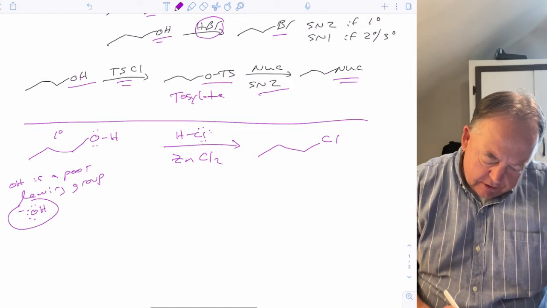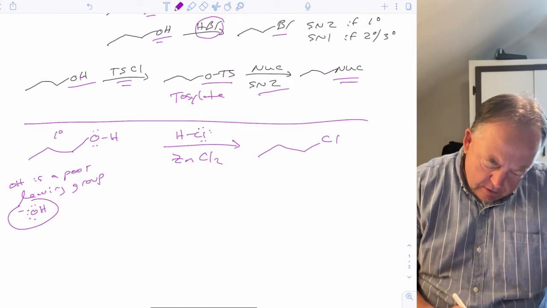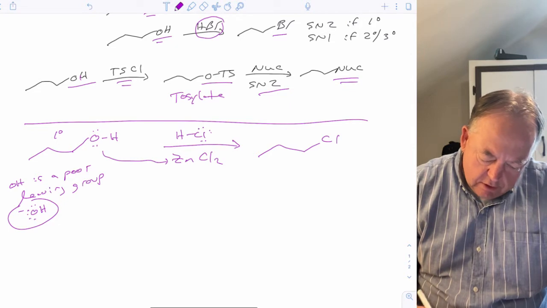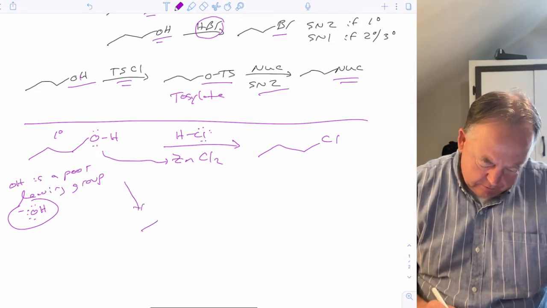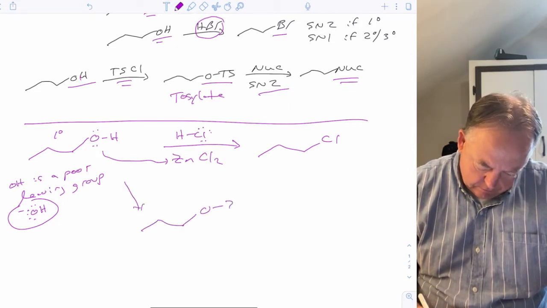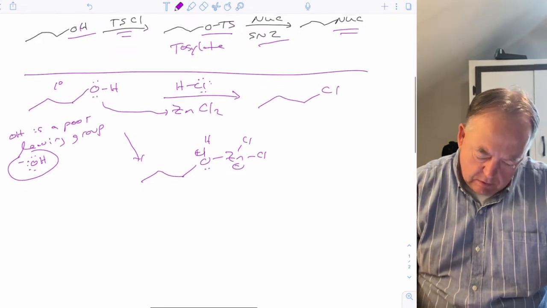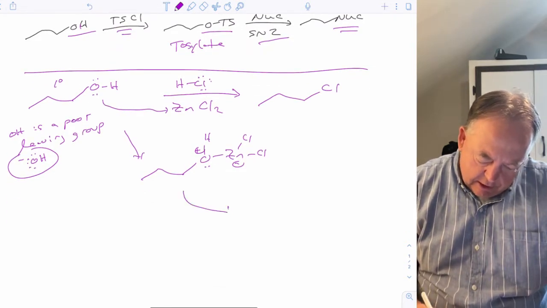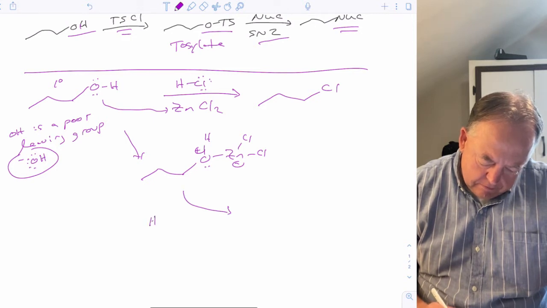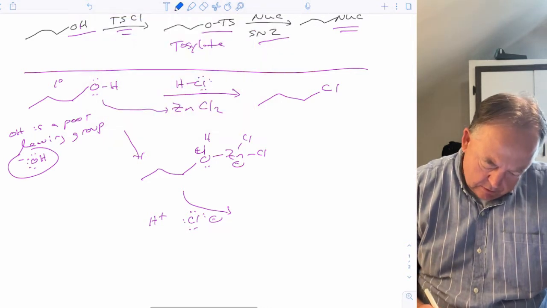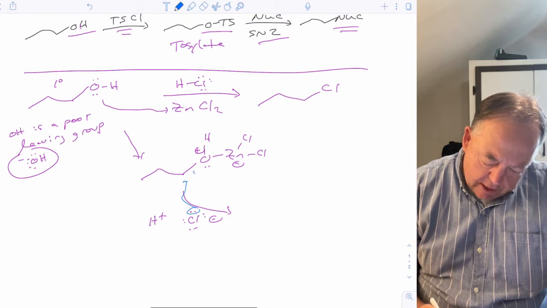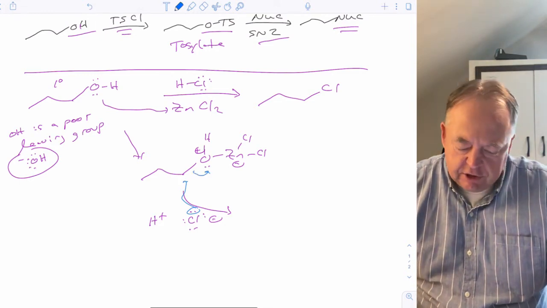So basically what happens here is the oxygen would react with zinc, and then the HCl, so Cl minus, can react in an SN2-like reaction to displace the oxygen which is attached to zinc.